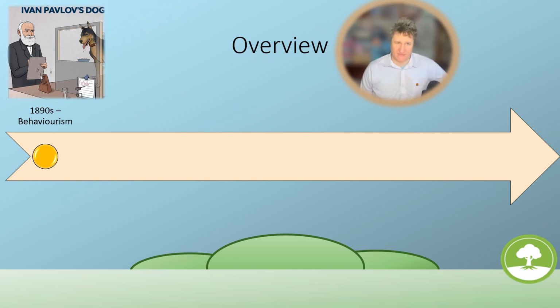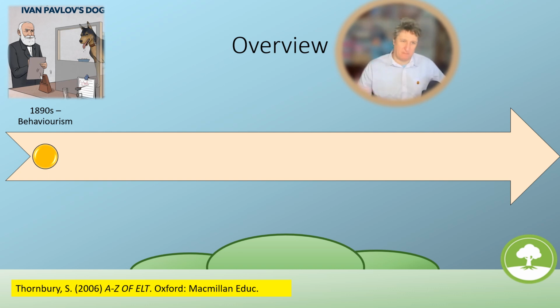This came out of a belief that situations, such as heights or proximity to spiders, do not create the associated phobias, but rather the involuntary psychological reaction that accompanies these phenomena. So theoretically, as Scott Thornbury puts it, habits are formed when the learner's responses to external stimuli are positively reinforced.